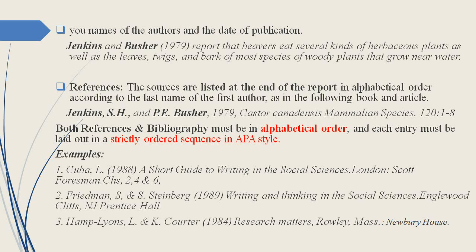Now let's understand that both references and bibliography must be in alphabetical order in APA style. We use APA style when we publish articles and manuscripts in international journals, and we have to follow a strict orderly sequence, that is important. Examples we will see here in terms of three different references compiled together.